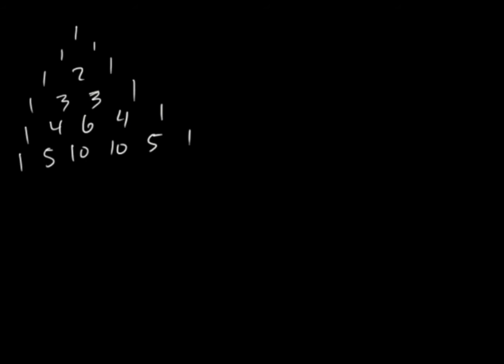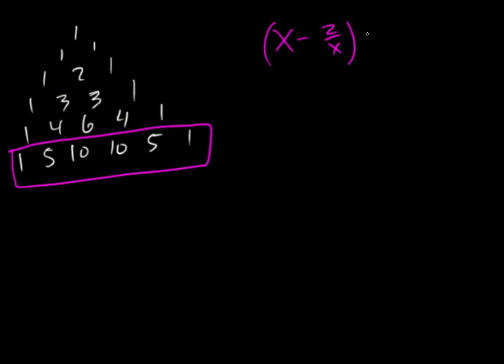Now, the first thing, they want us to find the 5th row of Pascal's triangle, and then they want us to use it to expand this binomial. So when we have a binomial raised to an exponent, this tells us which row to look at on Pascal's triangle.